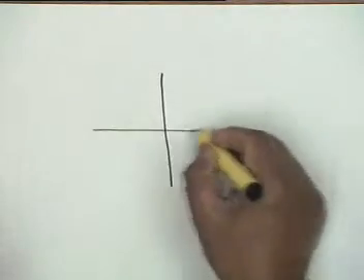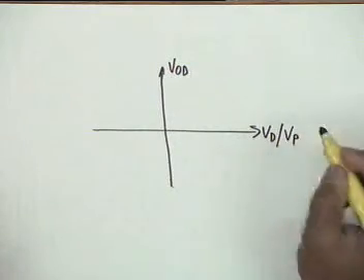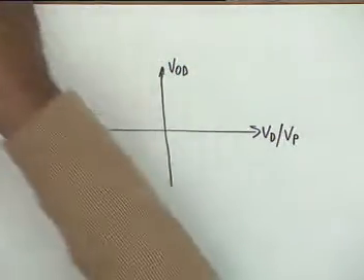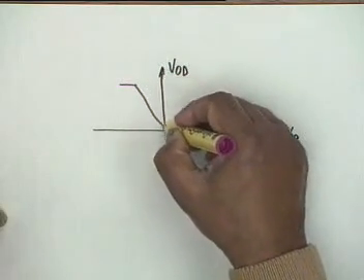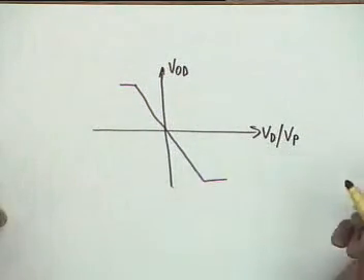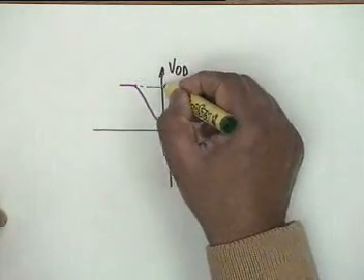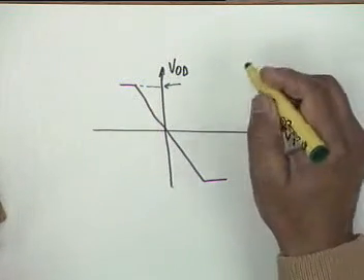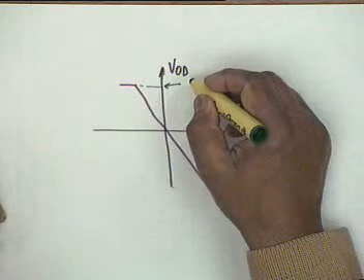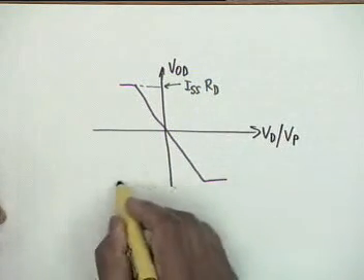And if you plot VOD versus VD by VP, it turns out that the situation is somewhat like this. It's very nearly linear, and this voltage, can you guess what this voltage would be? ISS times RD.